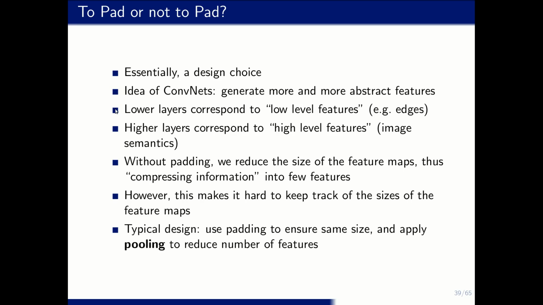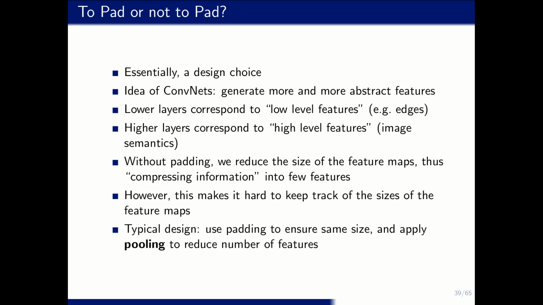The lower layers are designed to capture low-level features like edges, and the higher layers are intended to capture more semantic, high-level features. If we don't apply padding, we are reducing these feature maps, which means we are compressing information into fewer and fewer features. So not zero padding will reduce our features, which might be a good thing.